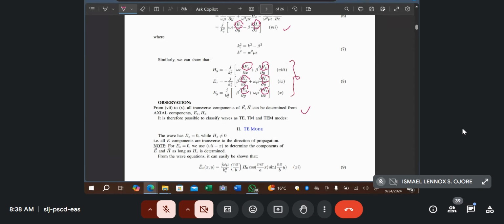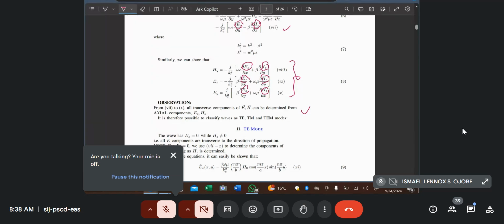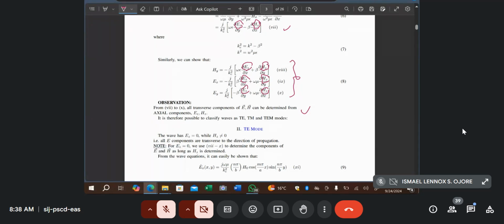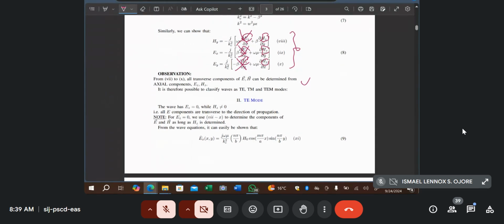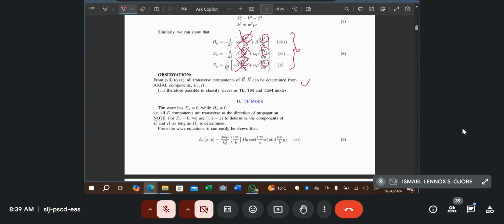We have said that Ez will be 0 for the transverse electric mode, isn't it? So if Ez is 0, it means this first component is going to be 0, isn't it? Because we are saying Ez is 0. So it means then we can now only write the equations for the transverse components for the TE mode in terms of Hz only.